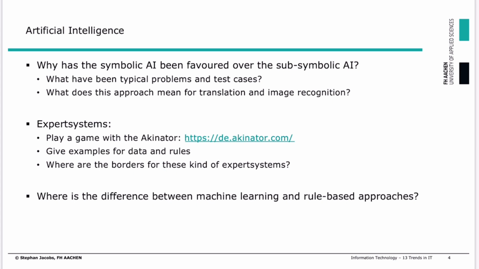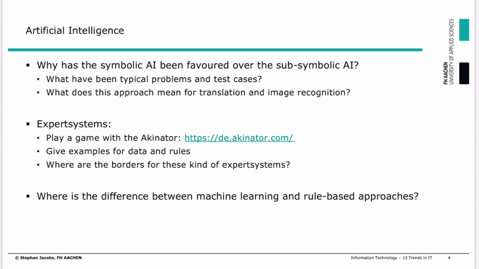If you take a look at this game Akinator, which is a simple game, just give it a try. You have to think about a person, and then the Akinator asks questions which you can answer with yes or no, and by that, Akinator tries to find out who is the person you're thinking about, and usually he will come up with a good result.